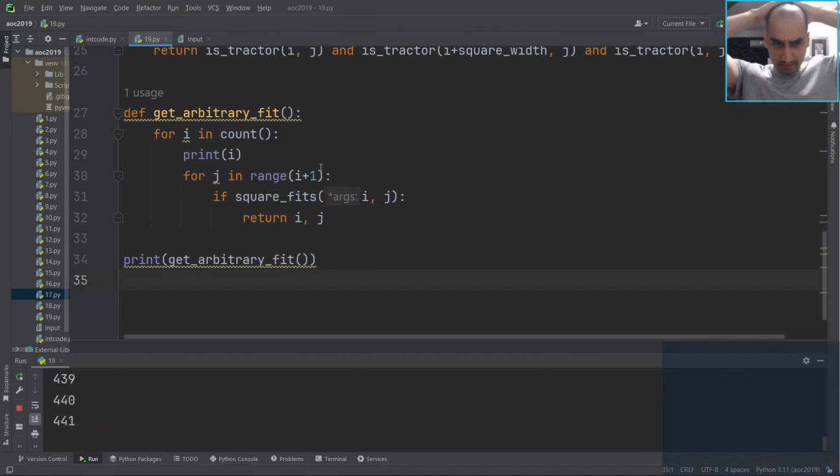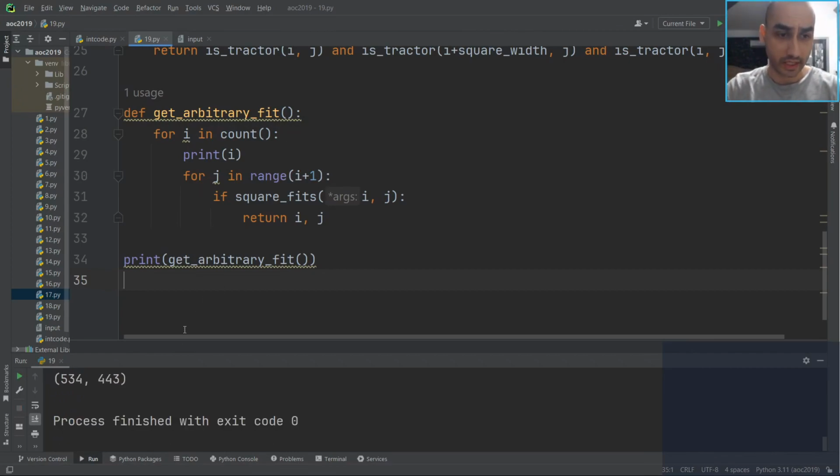So we should find one before we even get to like 1,000, shouldn't we? I don't know what this beam looks like. It would be weird if we didn't. Okay, there we go. 534 443.